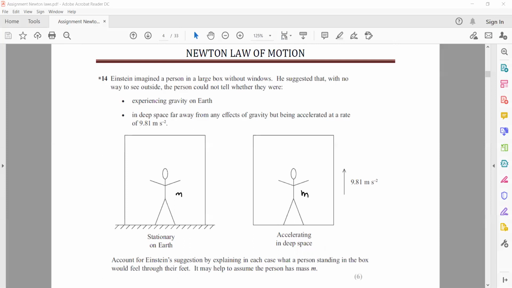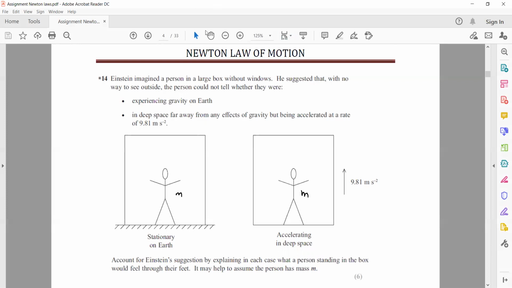So what happened for the first one, for a person who's standing on Earth? The weight of the person will act downward. If something is at rest, if something is not moving, it means the resultant force should be zero.